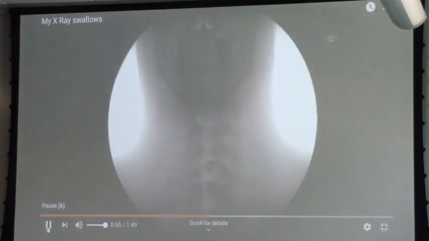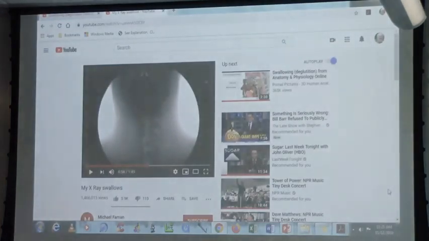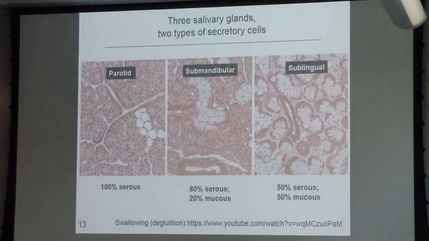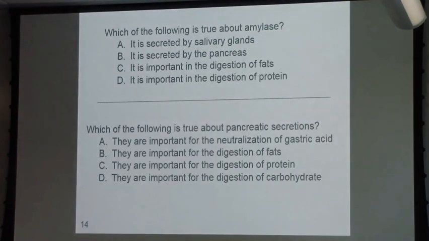Anyway, that's what swallowing looks like. And some people have trouble swallowing. I mean, some doctors have patients who they have to help figure out how to swallow. Let's do some clickers and then we'll be done for the day.